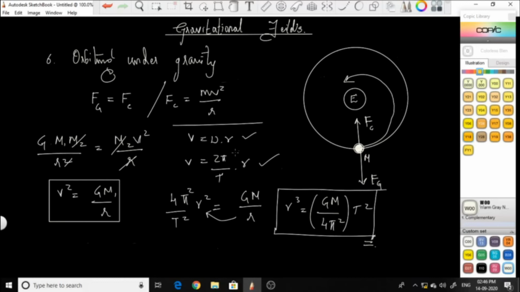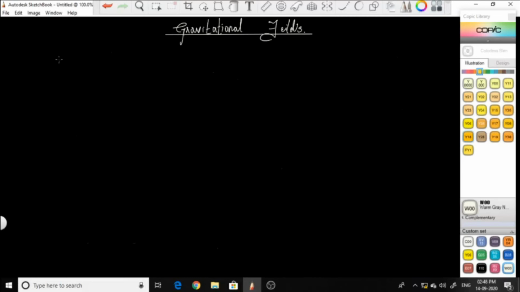Let's summarize what we have discussed till now. Our first topic was field lines and their nature. We got to know that these gravitational fields are always attractive, and these lines will always tend towards the mass.